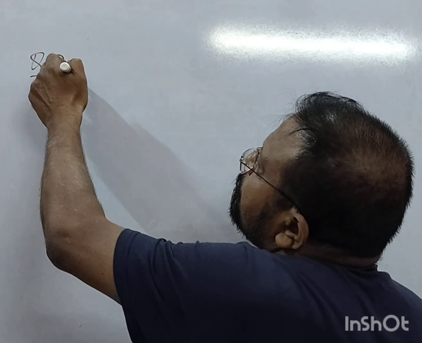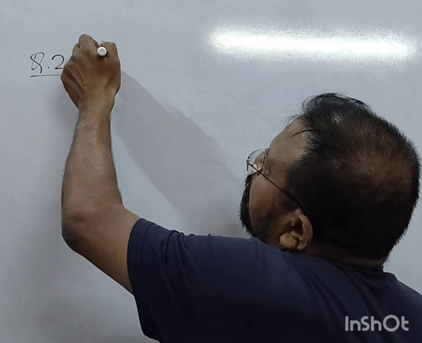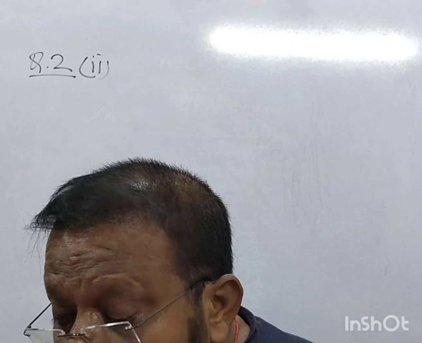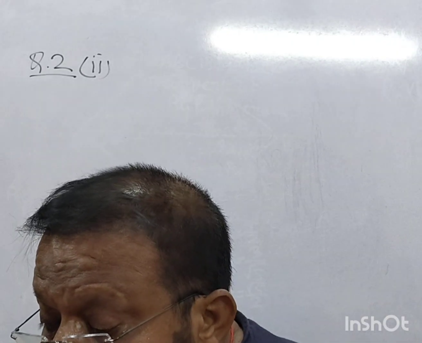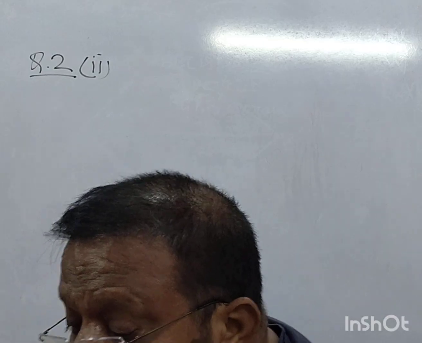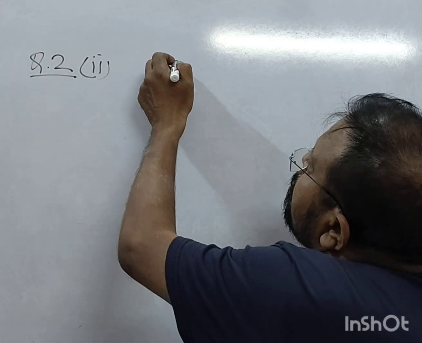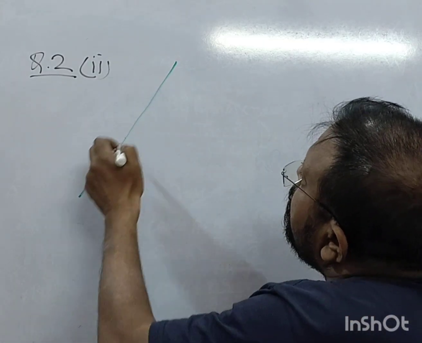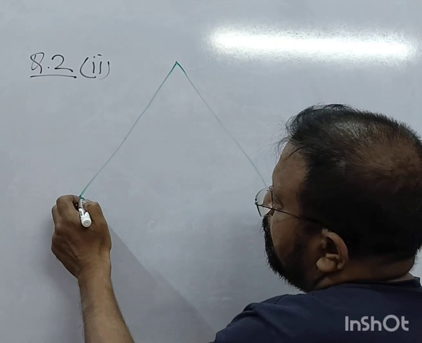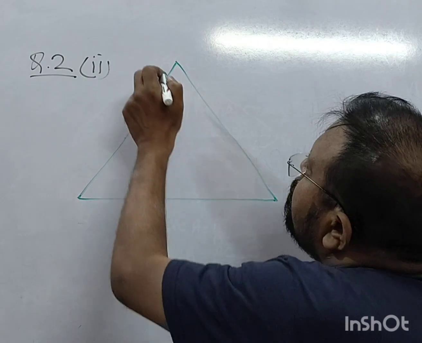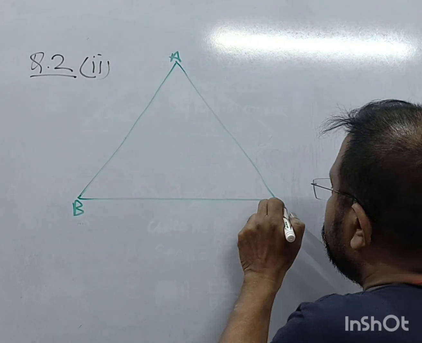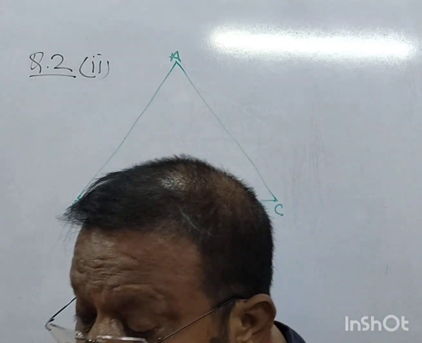Question number 2 second part. What is that? Second part, right? So there is a triangle like this, ABC. This is A, this is B, this is C, right?